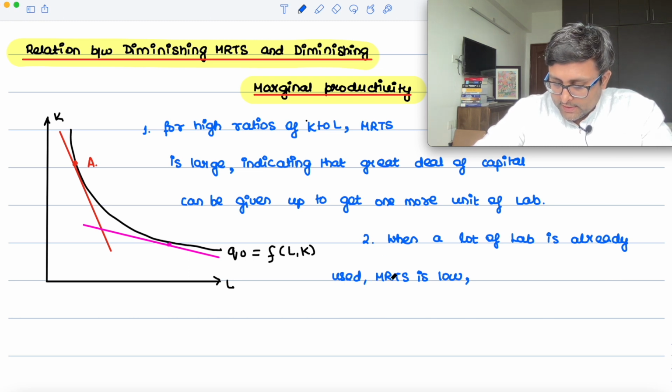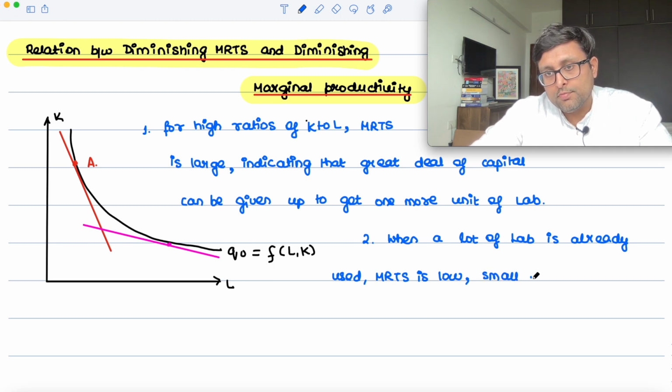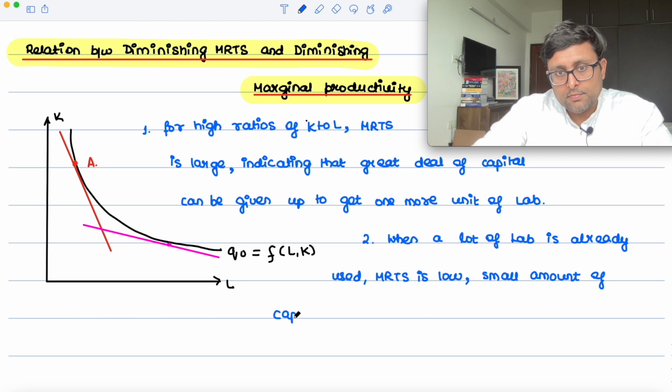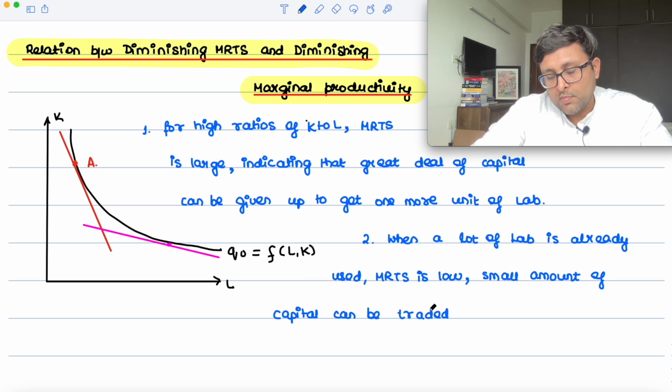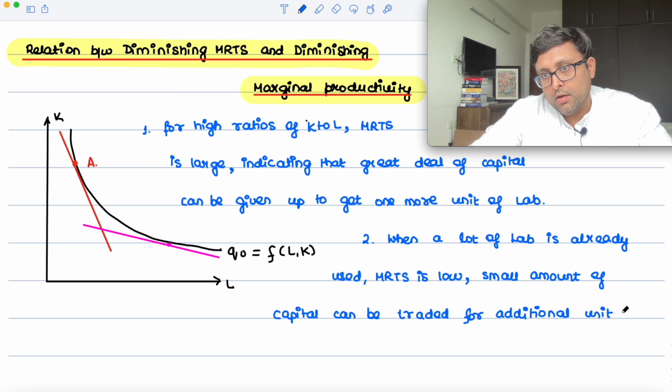So, signifying that a small amount of capital can be traded for an additional unit of labor, right?